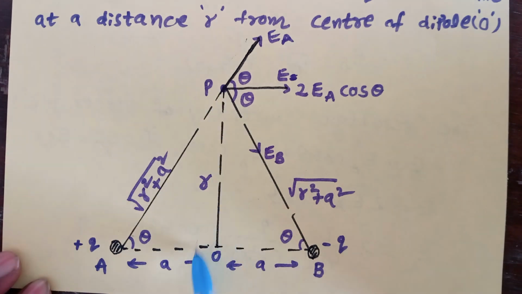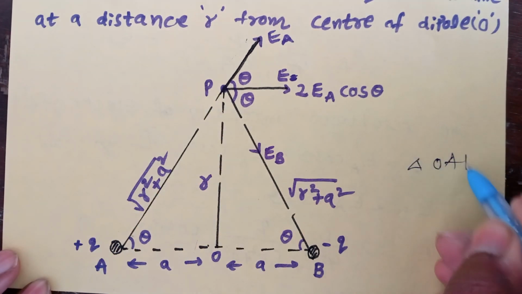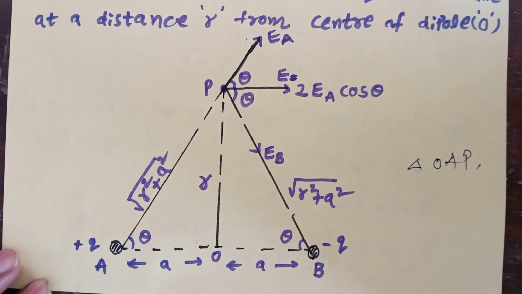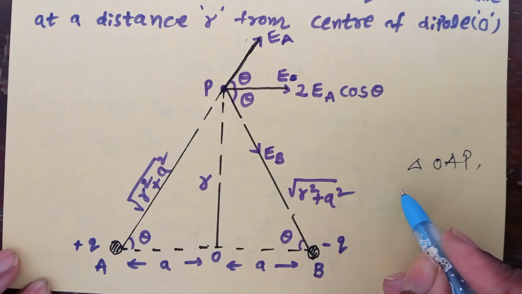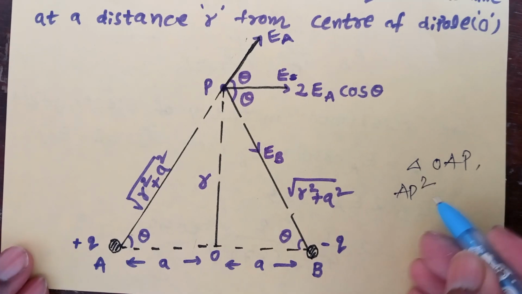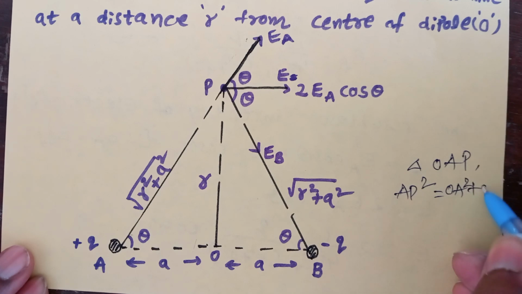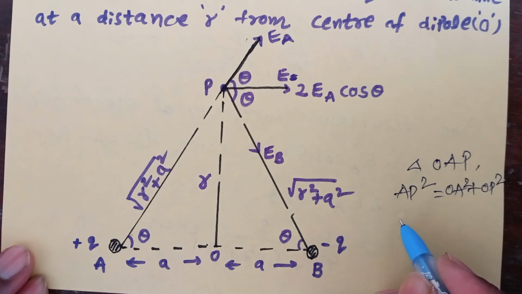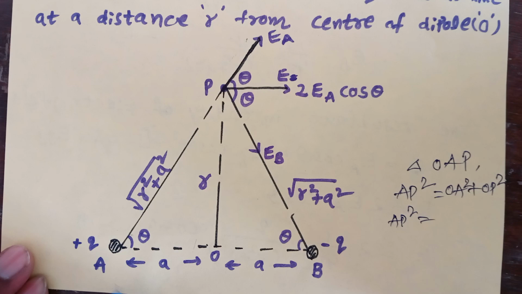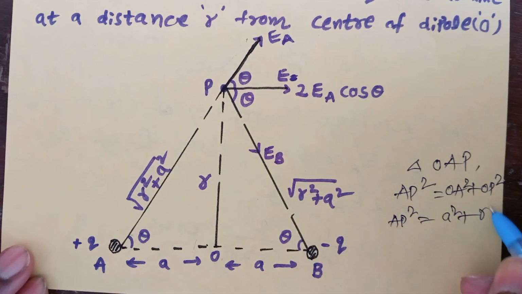According to Pythagoras theorem in triangle OAP, hypotenuse square is equal to side square plus side square. Hypotenuse square is AP square, so AP square is equal to OA square, that is a square, plus OP square, that is r square.